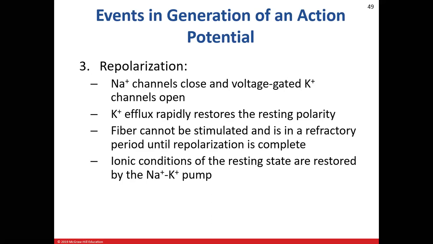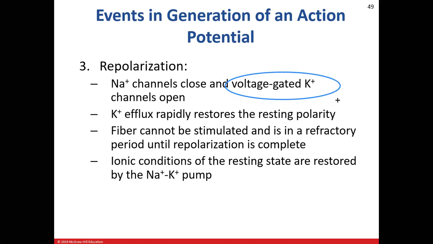So as we have this wave of depolarization moving down the sarcolemma of the muscle cell, literally right behind it, we have what we call the repolarization wave. And so as our sodium channels begin to close, we now start to see voltage-gated potassium channels begin to open.